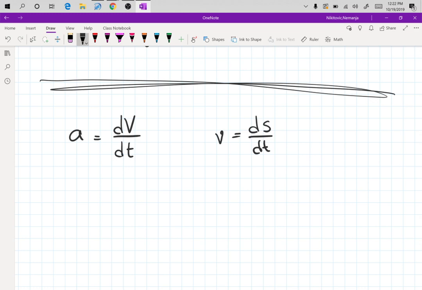The difference of ds over dt over dt would be dt squared into d squared d, so difference squared. We're just treating it as d.